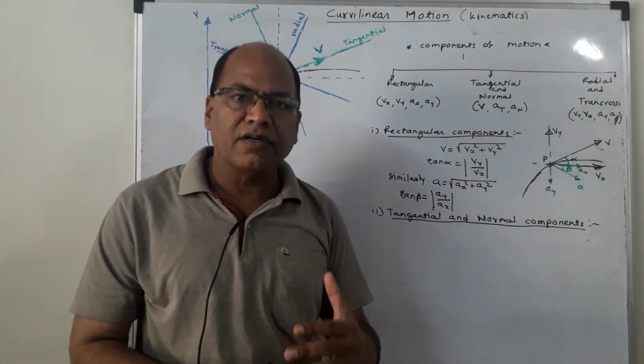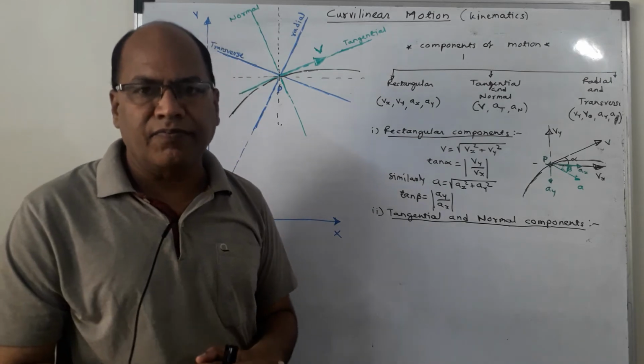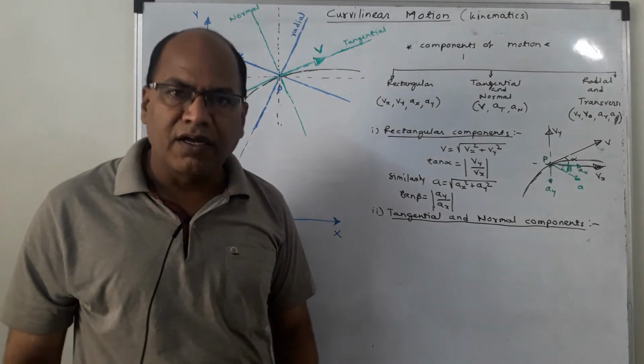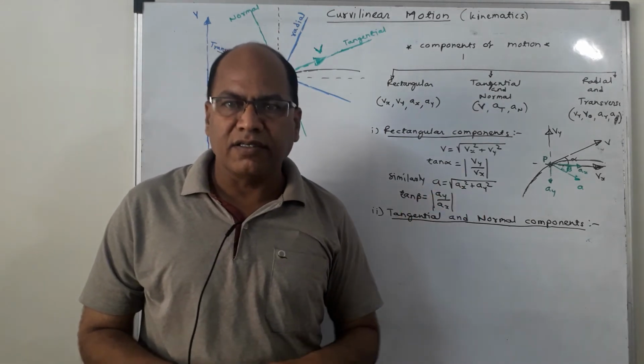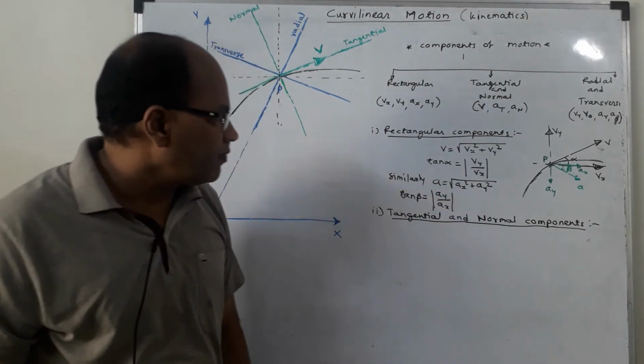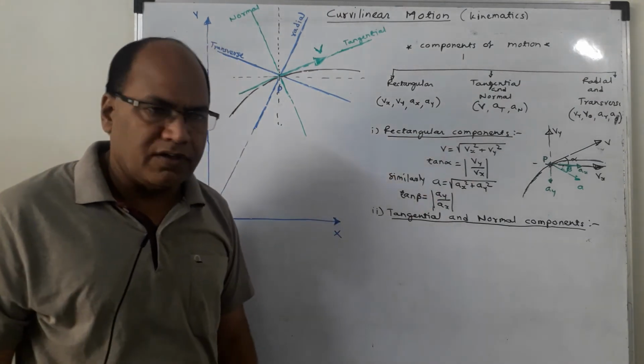So, depending upon your convenience or depending upon the data which is given in the problem, we can assume the reference system, and accordingly we can resolve the velocity and acceleration into its components. Now, here in this video, let us deal with the rectangular components.